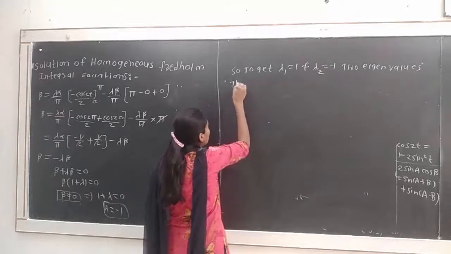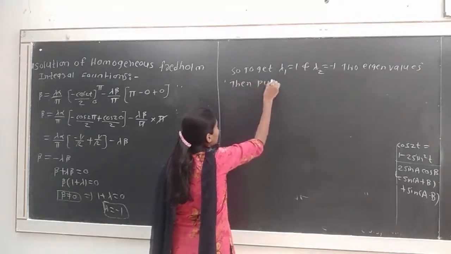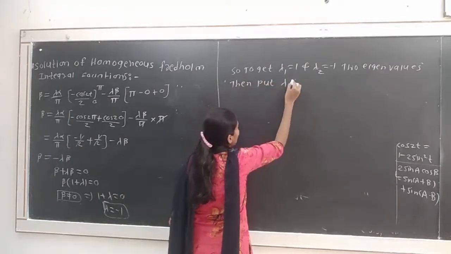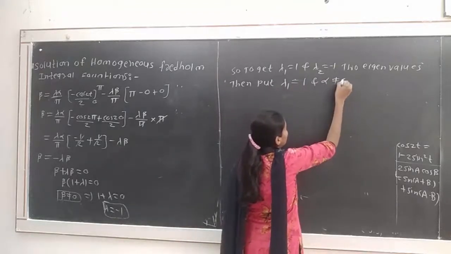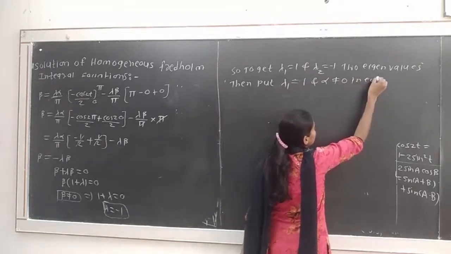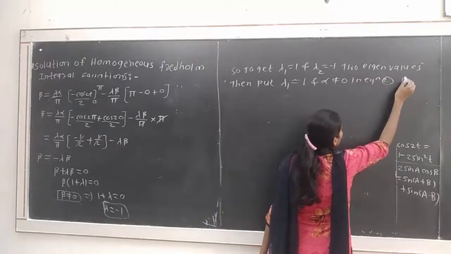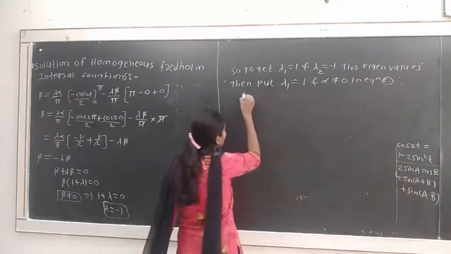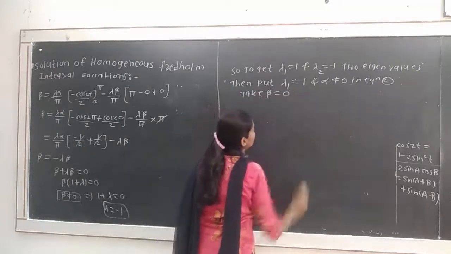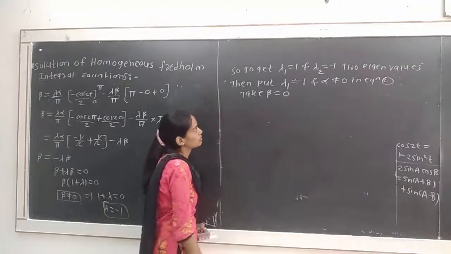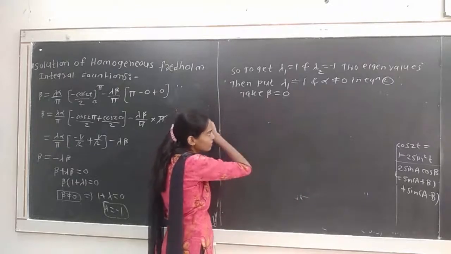Then put first lambda 1 is equal to 1 and alpha not equal to 0 in equation number 2. Here take beta is equal to 0. We consider alpha not equal to 0 and beta will be 0.